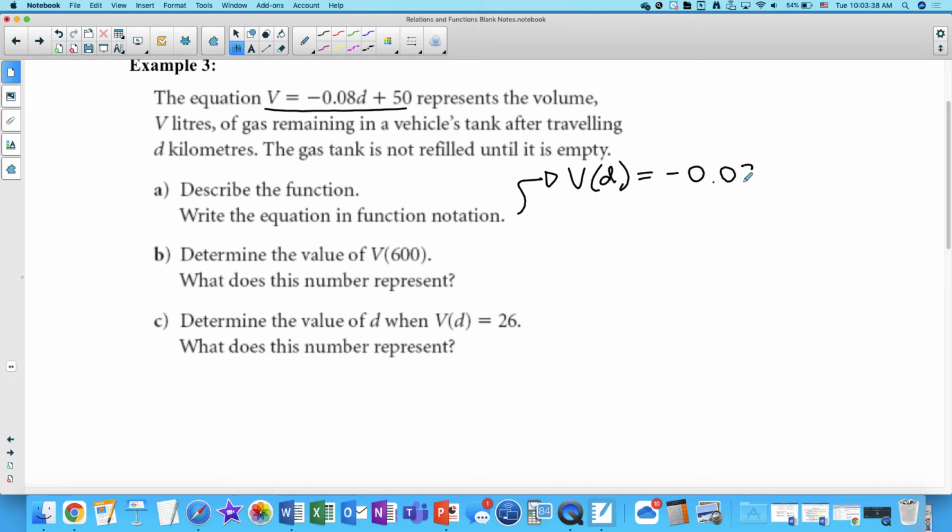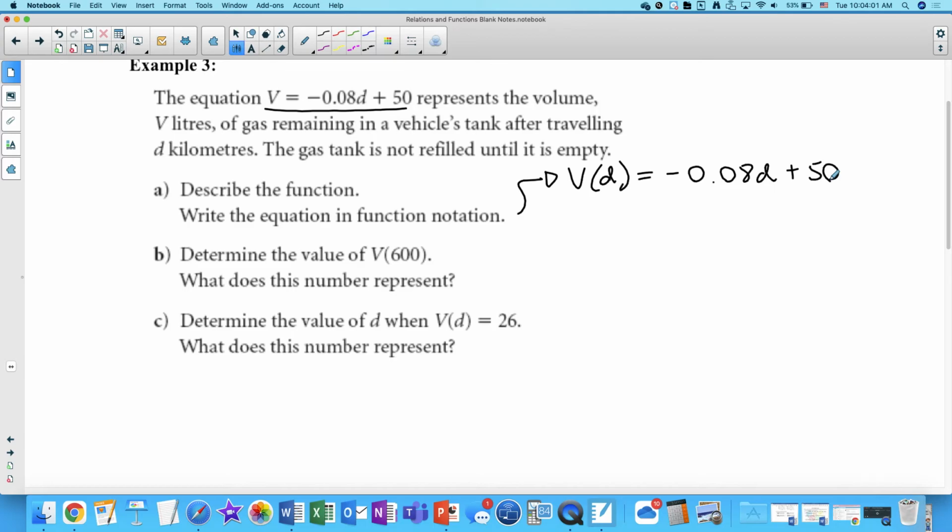Okay, now, describing the function. I'm going to tell you a little trick. If you don't know what the function's about and you can't use any specifics in describing the function, we've kind of described a bit about what's going on. You start with a full tank of gas. As you travel more and more and more, the gas tank empties. Okay?